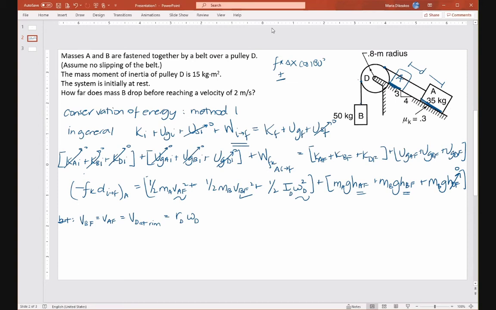So it'd be minus FK delta X. Right now here you have W equals F delta S cos theta, and the angle is 180. So cosine of 180 is always a minus sign. And this formula is basically the FKD, but with FK we're putting in mu KN, the definition of FK, yeah.